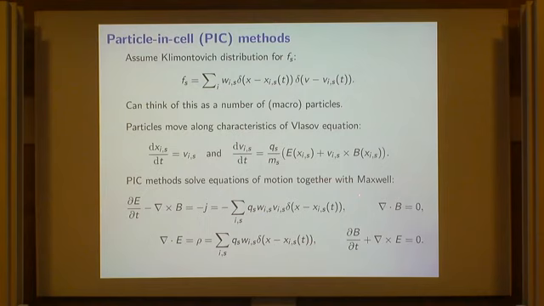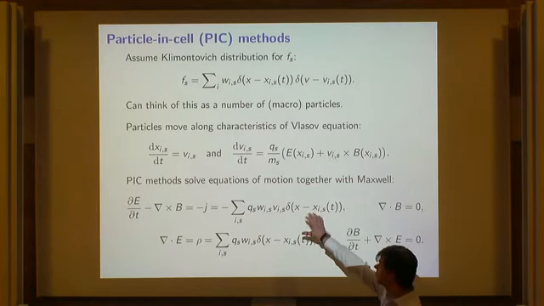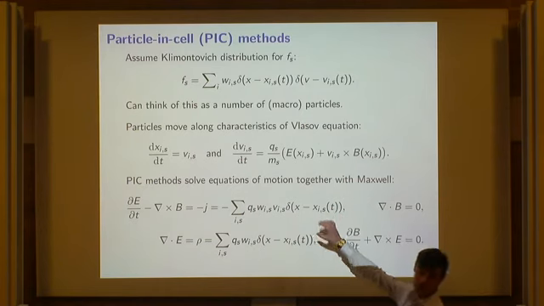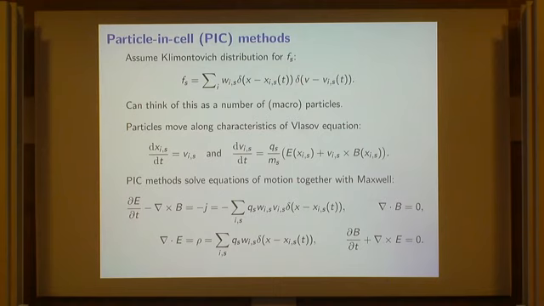And your current density is given here, and your charge density is there. So this says that if you use finite differences, you really don't want the deltas there.